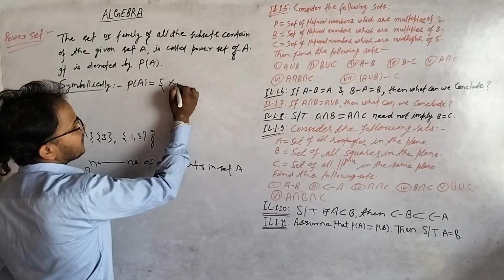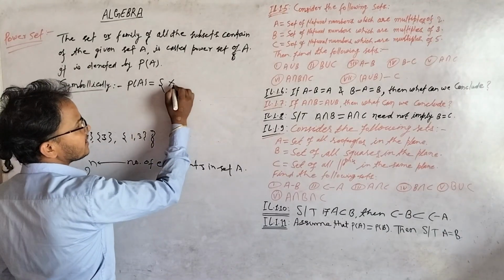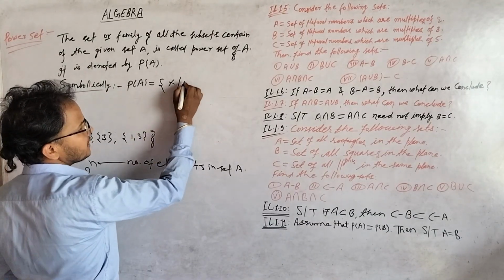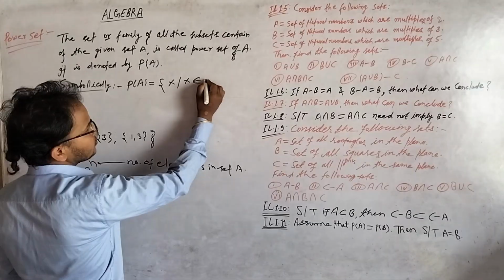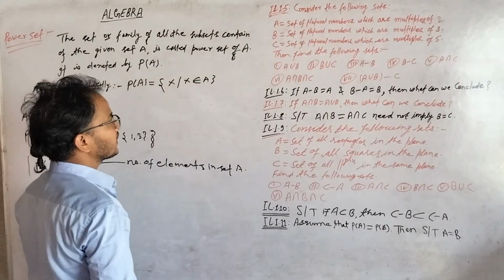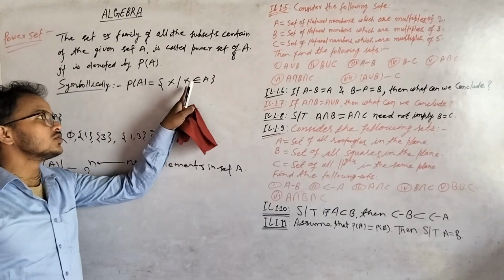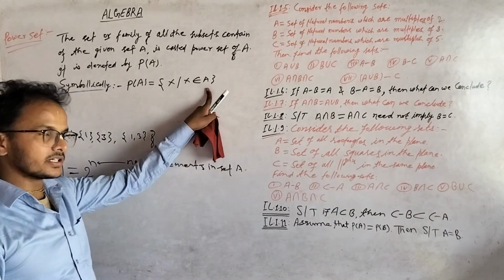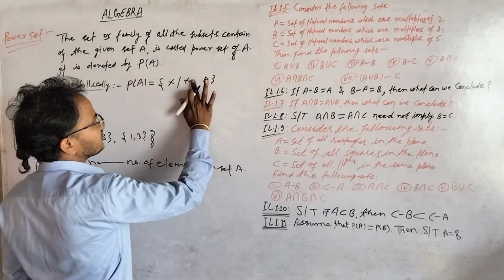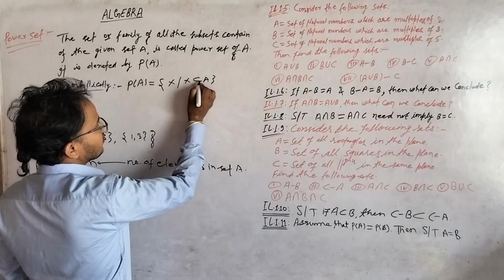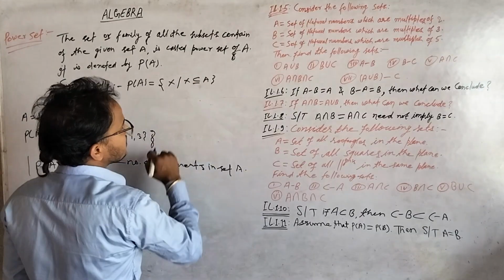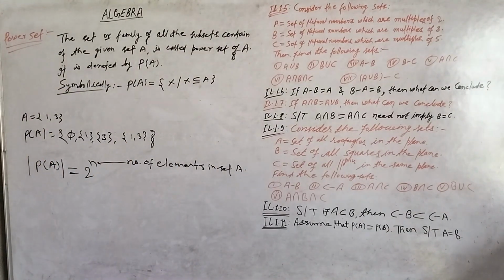So the power set contains elements, that means sets, such that X belongs to the power set of A, which is a subset of A.